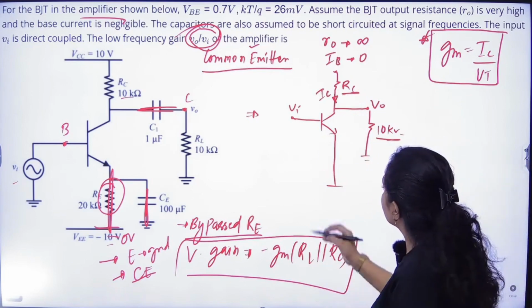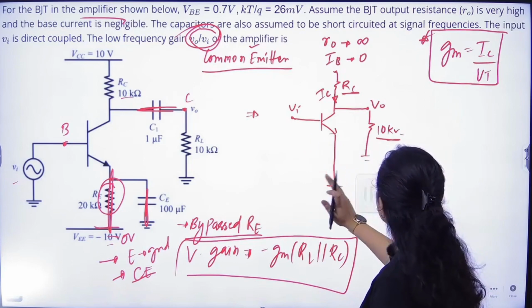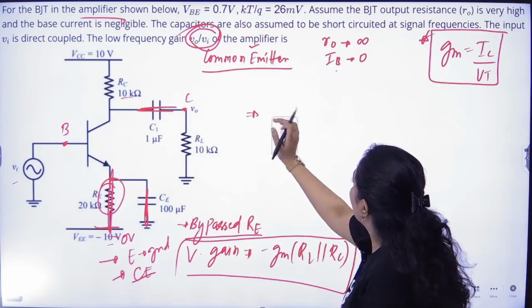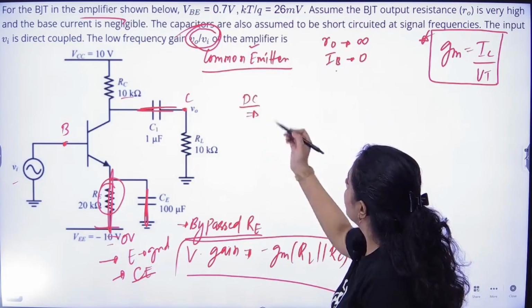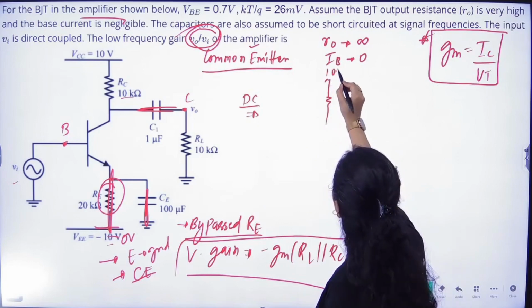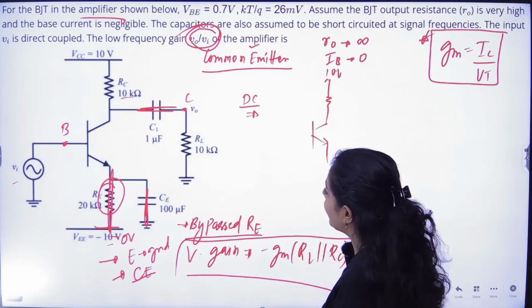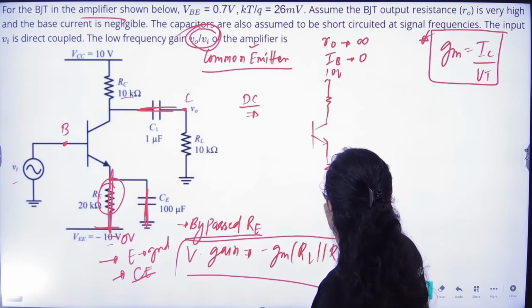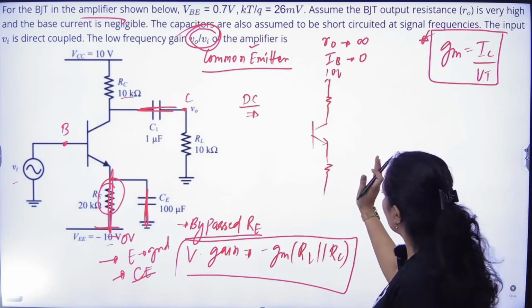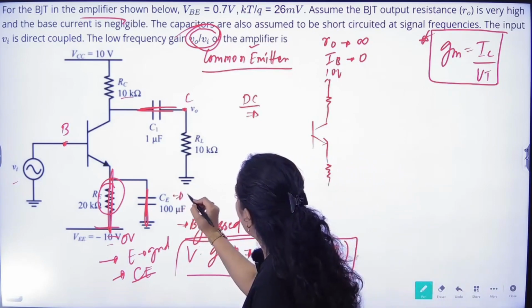So from this, this is the AC analysis I have drawn. In order to find the value of the collector current, I have to draw the DC, right? Now if I draw the DC, this is equal to 10 volts, and in this case RE will be there. If I am drawing the DC, then 20 kilo ohms will be there, because in DC analysis capacitors will be open circuited.